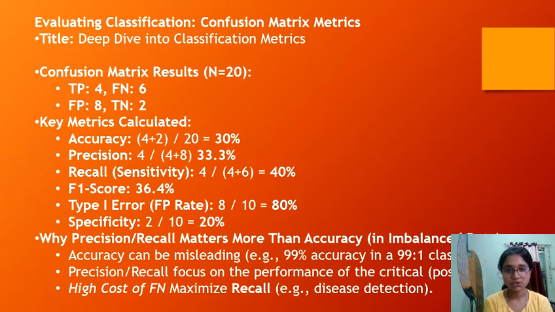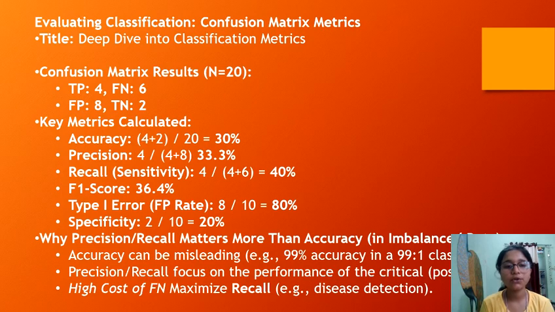Evaluating classification: confusion matrix metrics. Title: Deep dive into classification metrics. Confusion matrix result, n equals 20, and these are the parameters. Key metrics calculated: accuracy, precision, recall, F1 score, type 1 error, specificity.